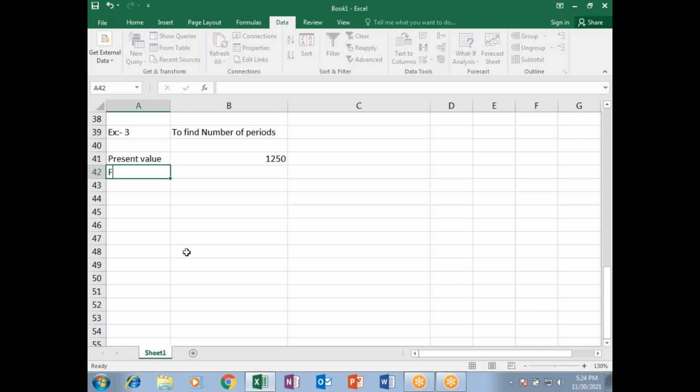Future value will be like 2500. Then rate, think that I have 9%. So I want to find the number of periods.